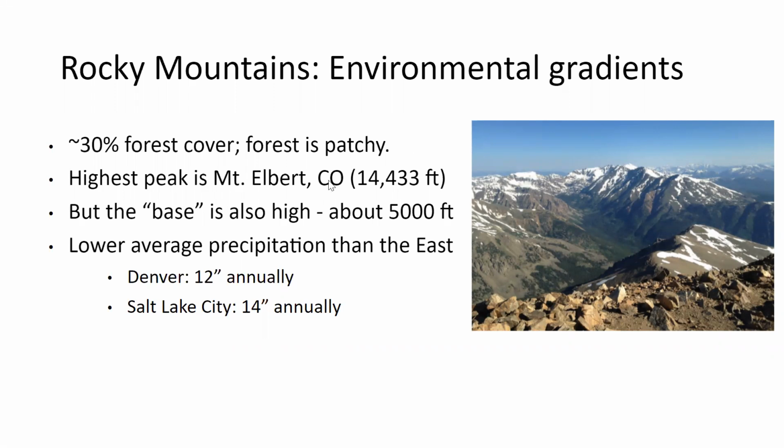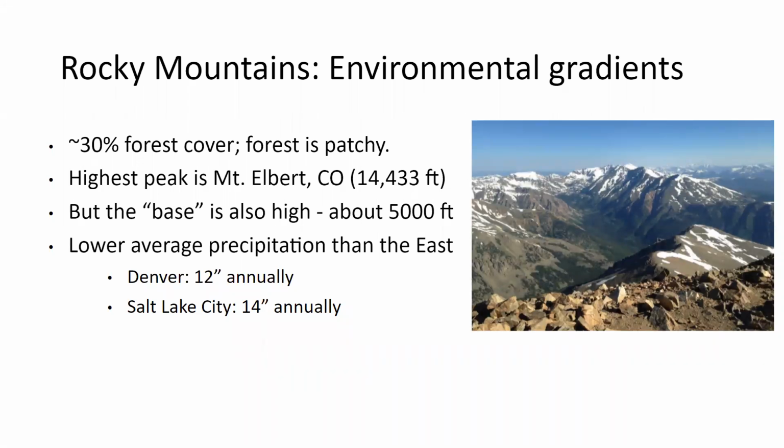And I guess an important thing here is the base, like where you're starting from, this valley down here, is also fairly high, right? So if you fly into Denver, it's called the Mile High Airport. And so even though it's at the very base of the Rocky Mountains, it's already above 6,000 feet. So that might shift your thinking a little bit, because in the East Coast, right, 6,000 feet is our highest peaks in the East Coast.